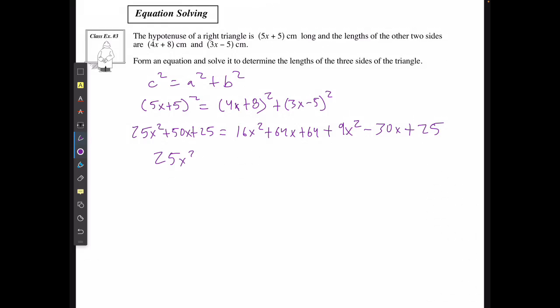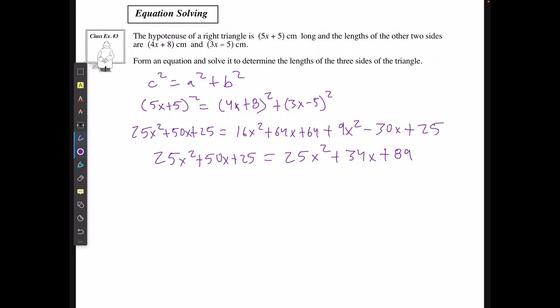On the left I have 25x squared plus 50x plus 25. And on the right side I get 25x squared when I combine the 16 and the 9x squared. I'm going to wind up with positive 34x and positive 89.